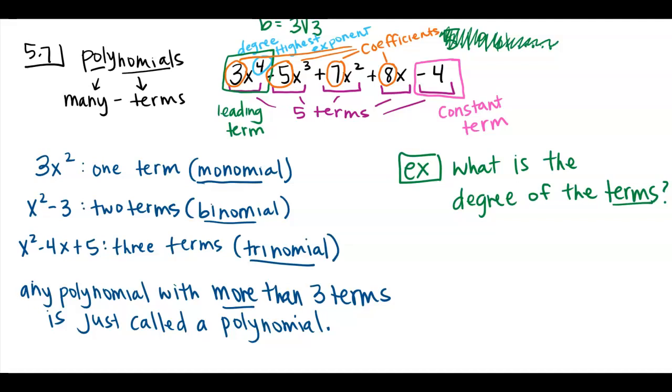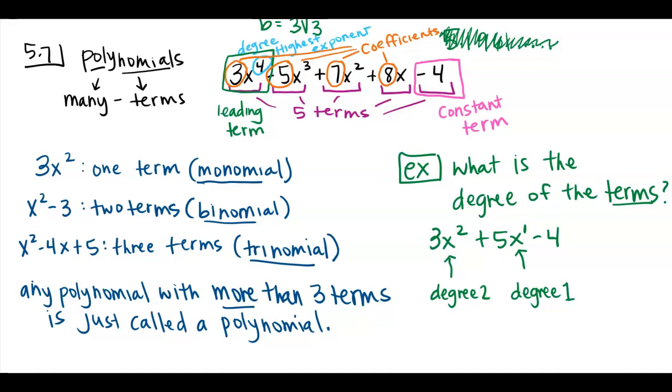But if I gave you something like 3x squared plus 5x minus 4 as a polynomial, the degree of this term is degree 2. This one, even though there's not a little exponent written on it, is degree 1.